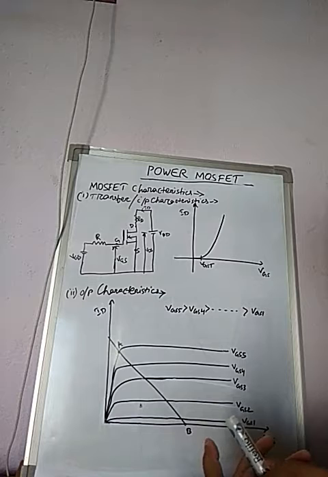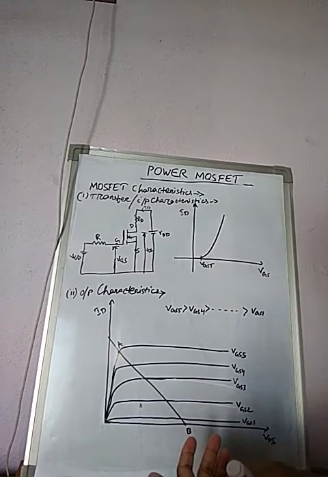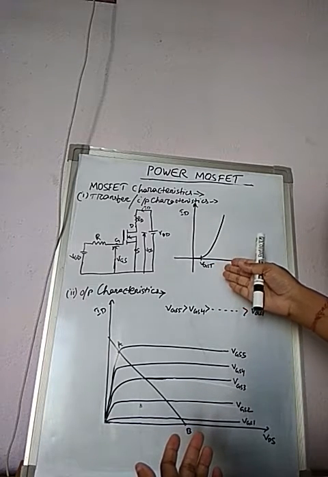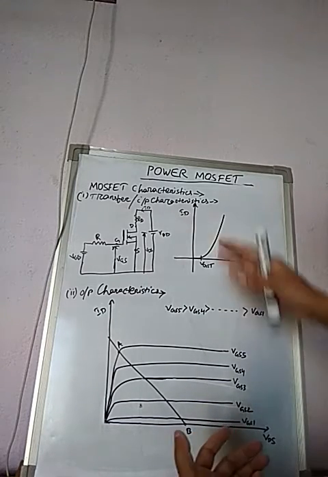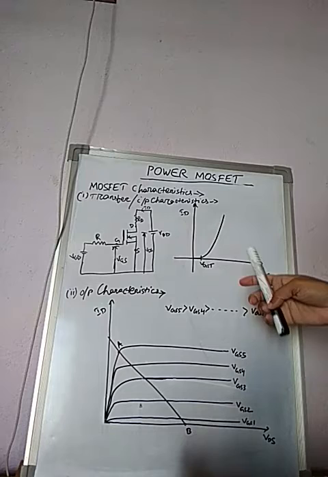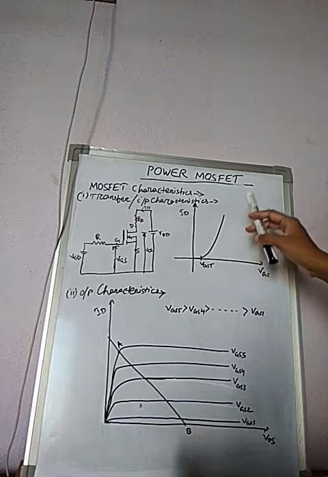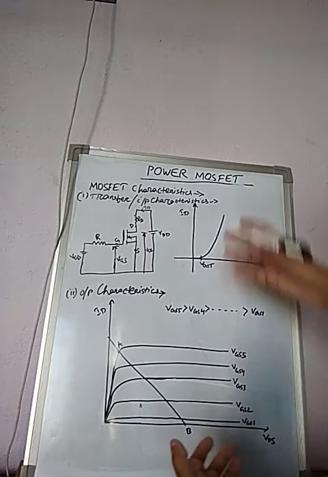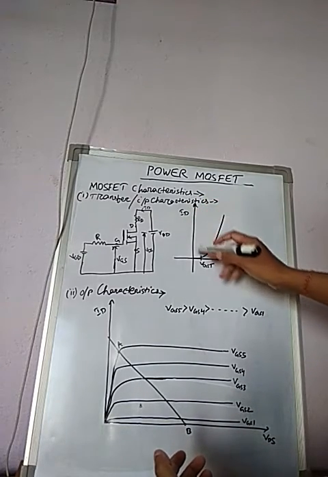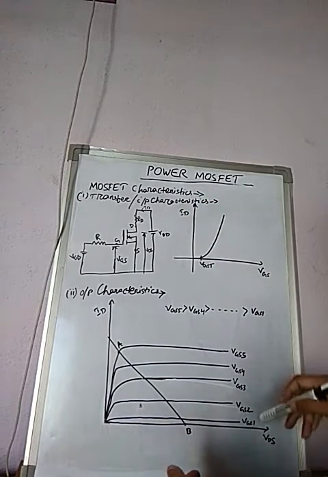So here the magnitude of VGST, threshold gate source voltage, is of the order of 2 to 3 volt. Okay, so this is the basic transfer characteristics graph. This shows the variation of drain current as a function of VGS.